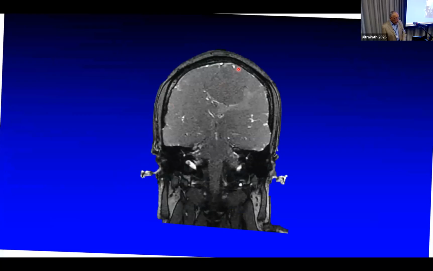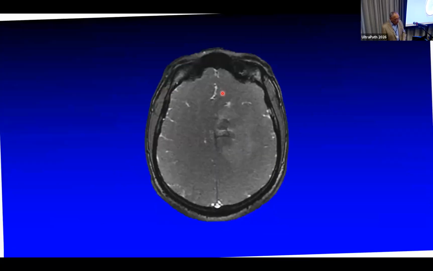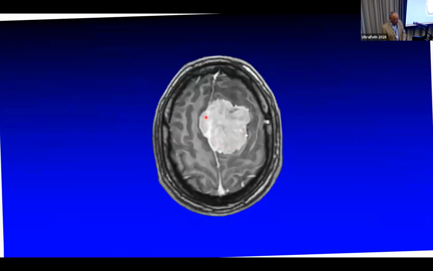On this image, it has a central or paracentral located lesion. Here it is also attached to dura, the cerebral falx, and is hyperintense on T2.